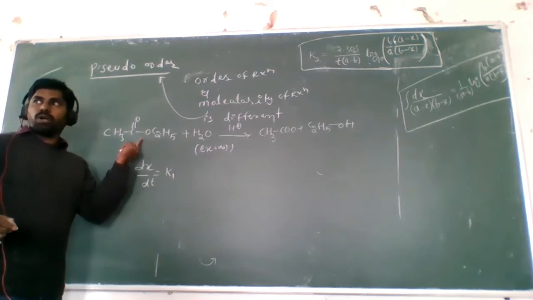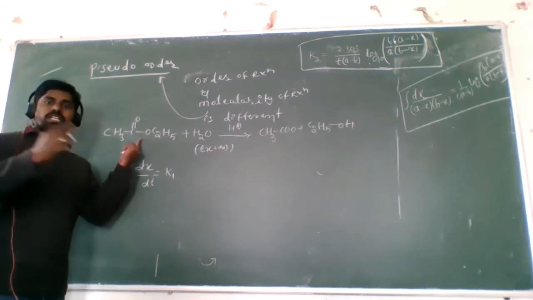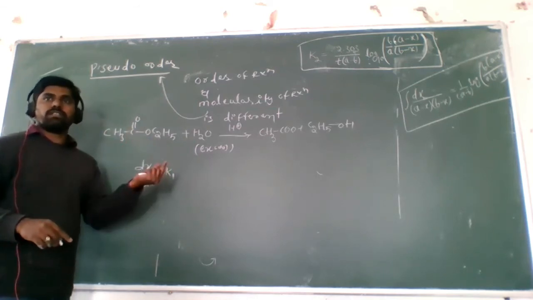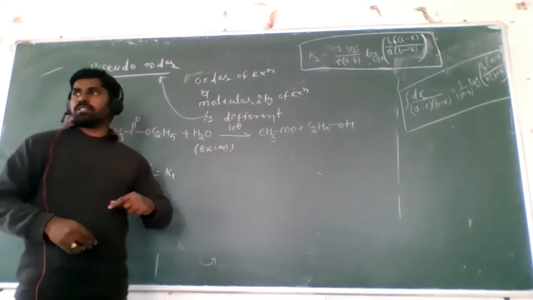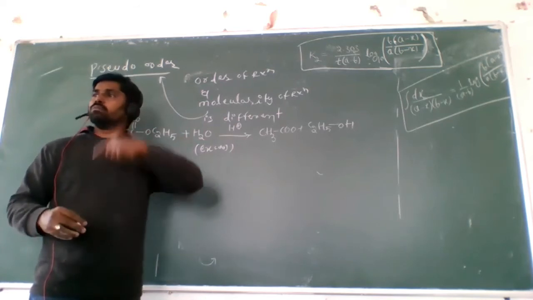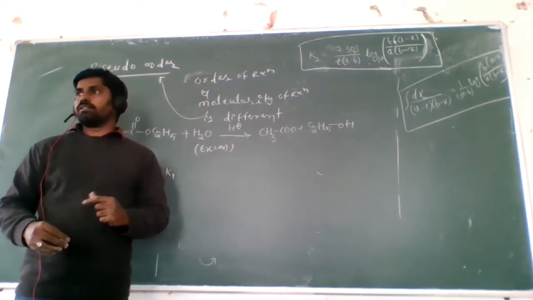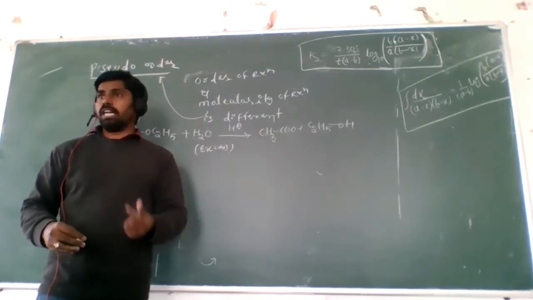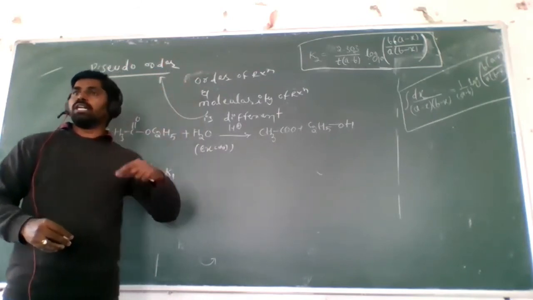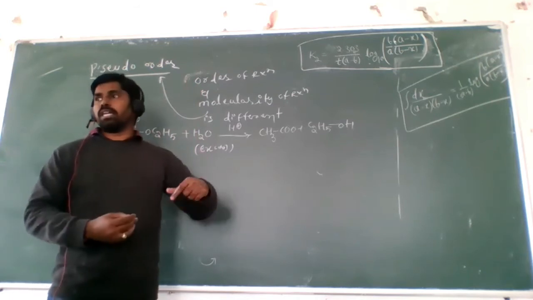Only the one reactant which is less in the reaction influences it. The rate equation depends on that only. The rate of reaction does not depend on the one in more excess amount, but only on the reactant of less amount.